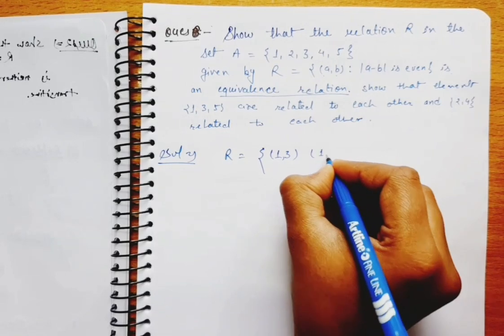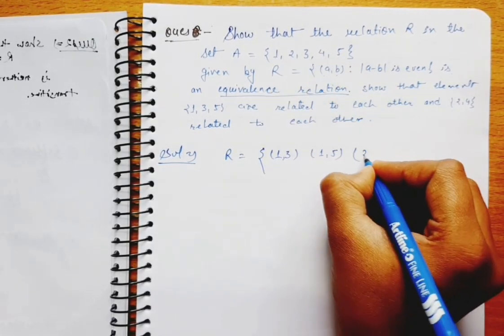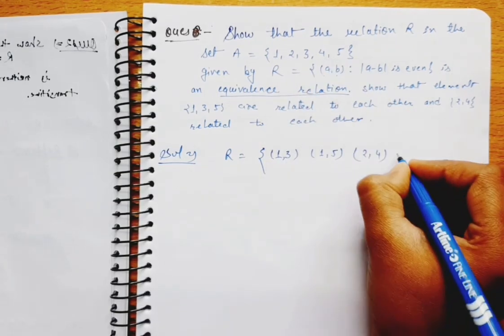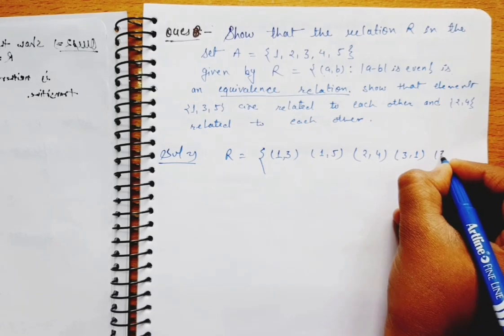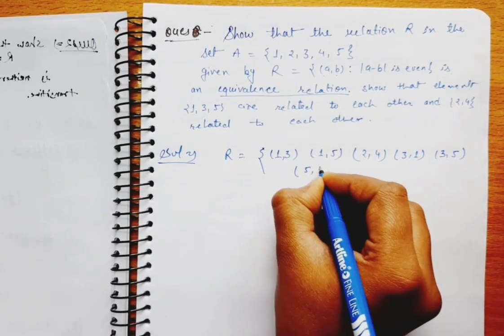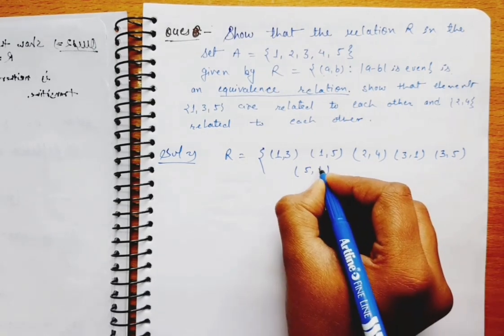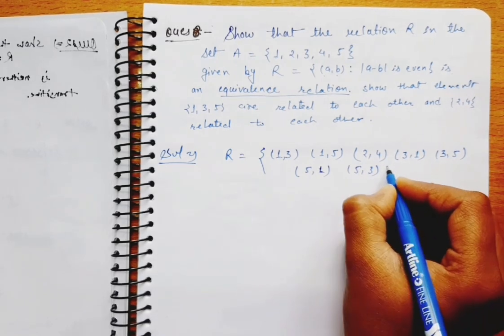Next 1, 5. Next 2, 4. Next 3, 1, and 3, 5, and the last ones 5, 1 and 5, 3.